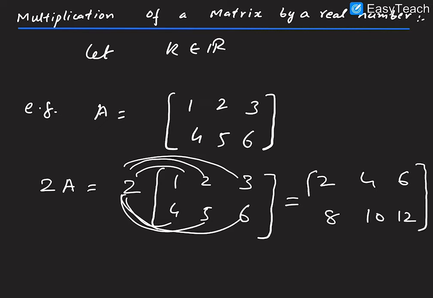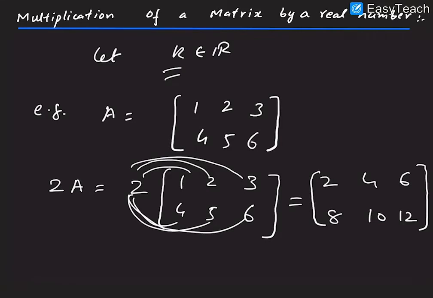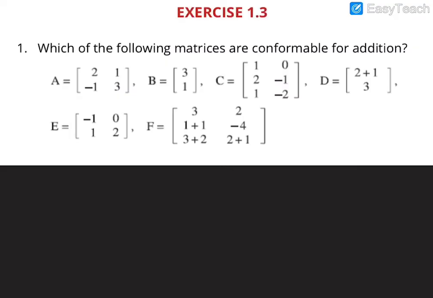This is 2A. This is called scalar multiplication, or multiplication of a matrix by a real number or by a scalar. This k is a real number. So kA will be the multiplication of a matrix by a real number.